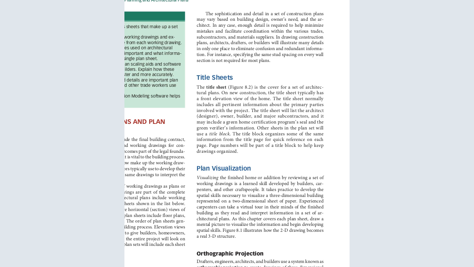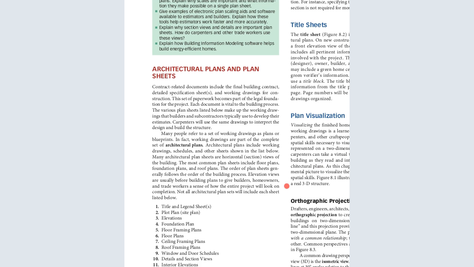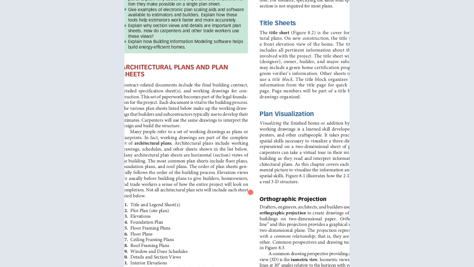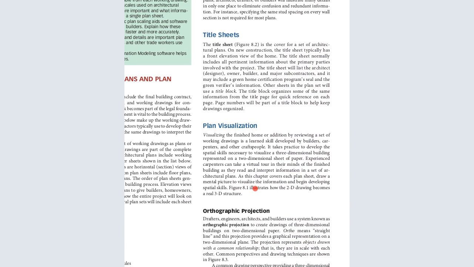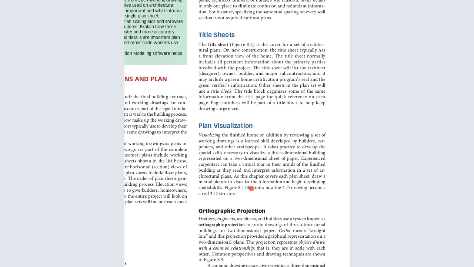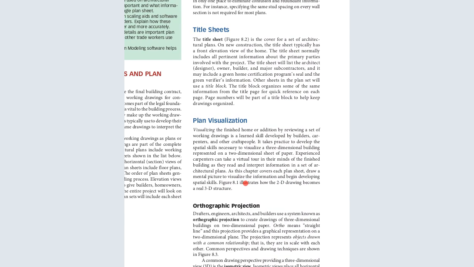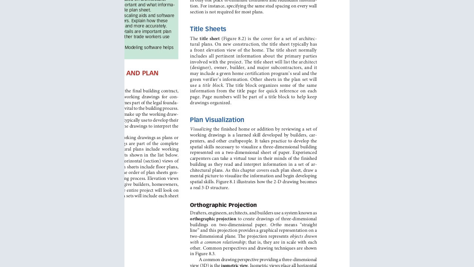So title sheets. Now we are going to go through each and every thing, and we know what it means. What are the title sheets? It's the cover sheet of the architectural plans. On a new construction, the title sheet typically has the front elevation view of the home. That is, the title sheet normally includes all pertinent information about the primary parties involved in the project.